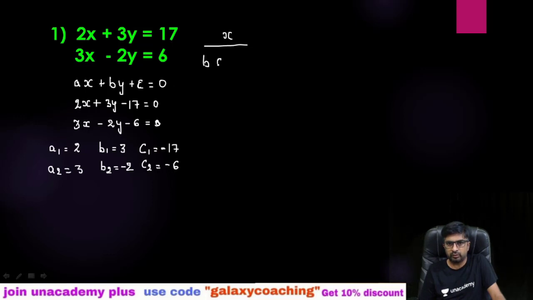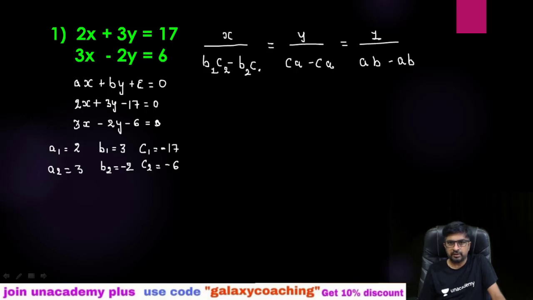First write b1c2 minus b2c1, equals, then skip b also, c1a2 minus c2a1, then skip c, so again start from a, a1b2 minus a2b1. The subscripts go 1, 2, 2, 1, 1, 2, 2, 1, 1, 2, 2, 1. This way you can easily remember the cross multiplication formula. This is the formula, guys.